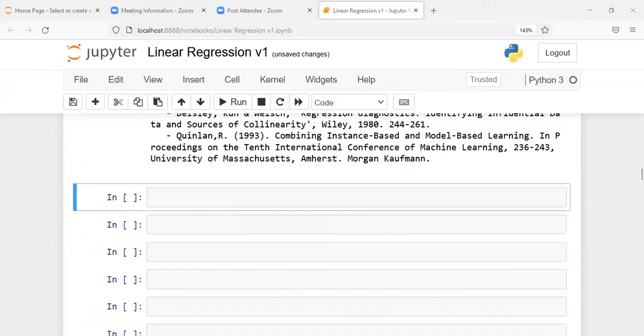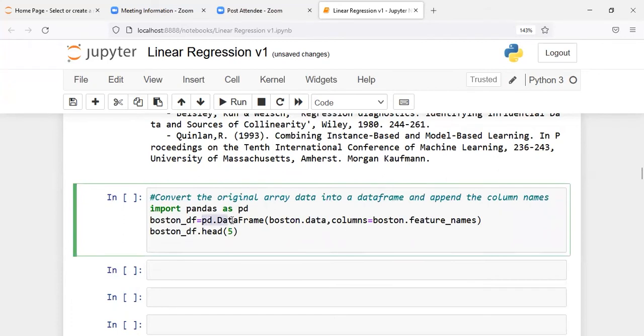I'd like to convert the original array data into a data frame and append the column names. Now, a data frame is like a spreadsheet. It gives us a spreadsheet-like view, and therefore it is very easy for us to comprehend and work with a data frame. So let me convert this original array data into a data frame.